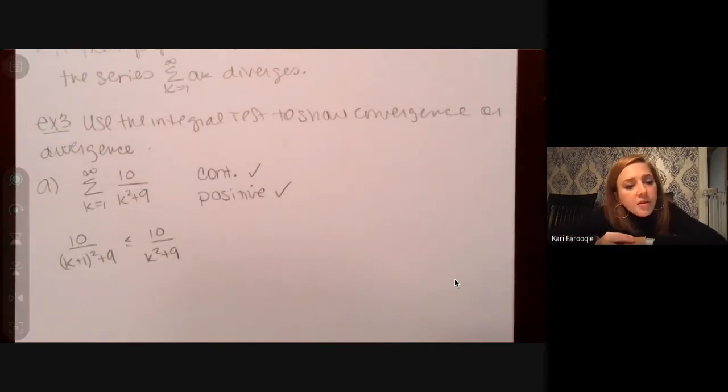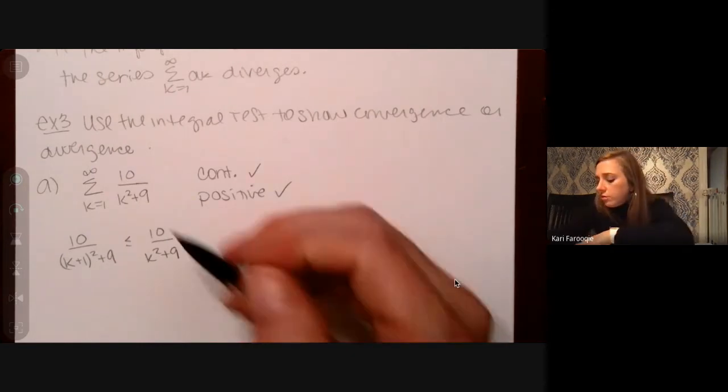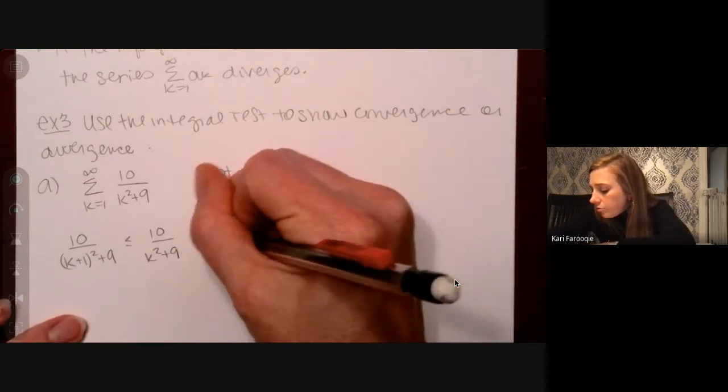Now, sometimes you're going to eyeball this and it's going to be like, yeah, of course it has to be this. To show that you're non-increasing, this is what you would have to show.